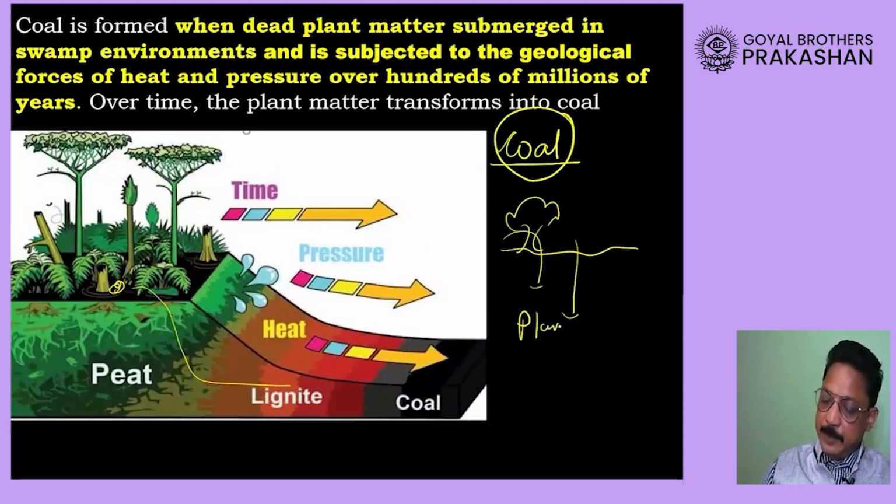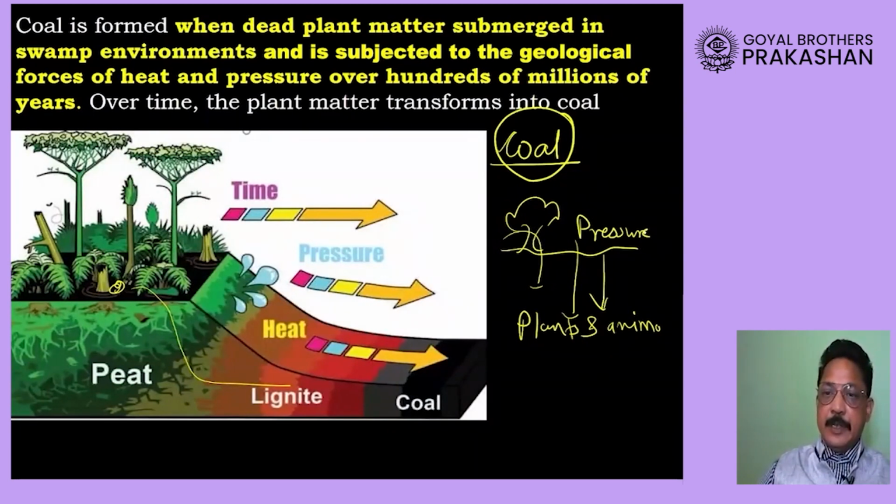So what will happen? These plants and animals, okay, which have got buried under the earth's surface, so there will be lot of pressure of the layers which are present above them, and when they will get buried, there will be lot of heat, okay, present below the earth's surface.